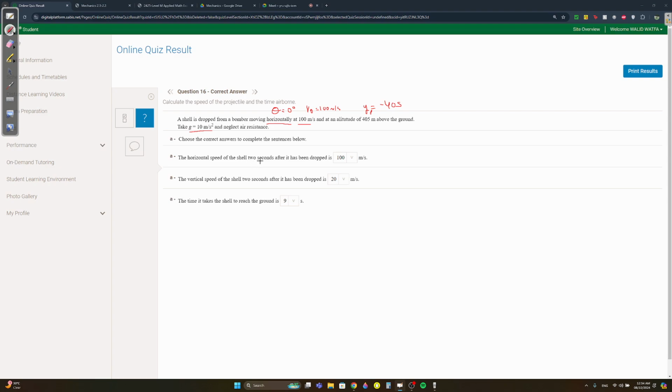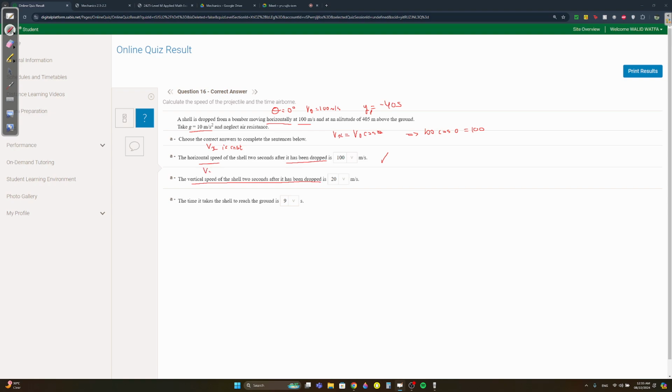The horizontal speed of the shell 2 seconds after it has been dropped. You must know horizontal speed Vx is always constant, right? So Vx is equal to V naught cosine theta, right? So in this case it's going to be 100 cosine 0, which is 100. The vertical speed of the shell 2 seconds after it has been dropped is how much?